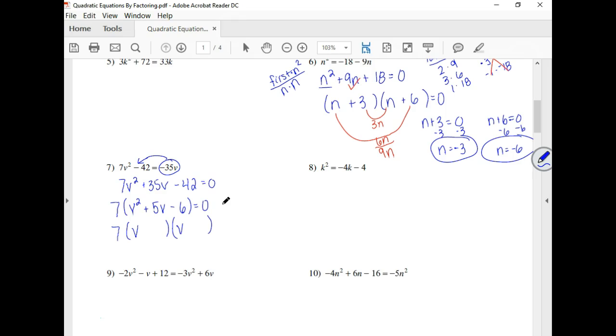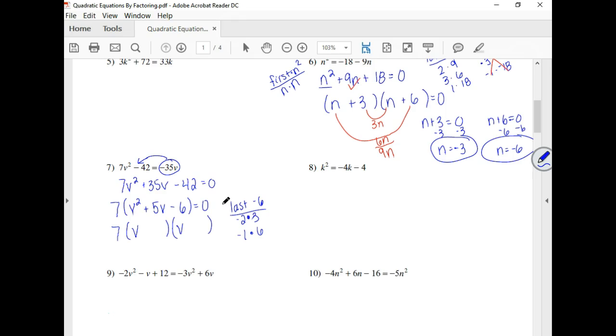My last term is the negative 6, so I could use negative 2 times positive 3, or I could use positive 2 and negative 3. I could also use negative 1 times 6, or positive 1 times negative 6.